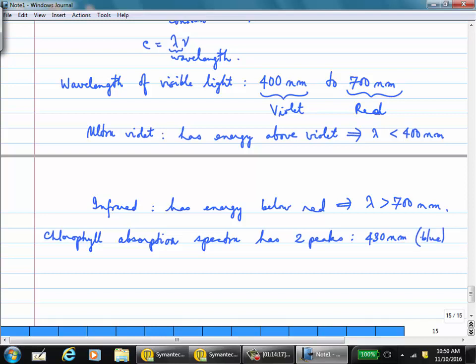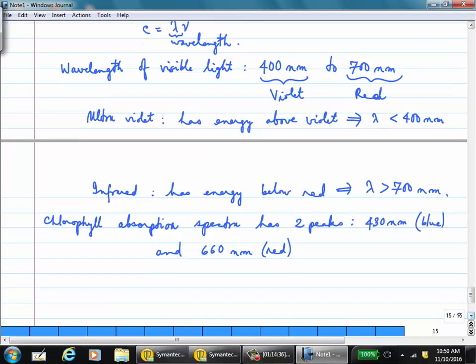We said like 400, yeah. So 430 nanometers is blue, and it has another absorption peak at 660 nanometers, right? But the green part of the spectrum, it doesn't absorb. That's what it reflects to our eyes. That's why we see the color as green, okay? So this explains the green color of chlorophyll, because that green part is not absorbed.